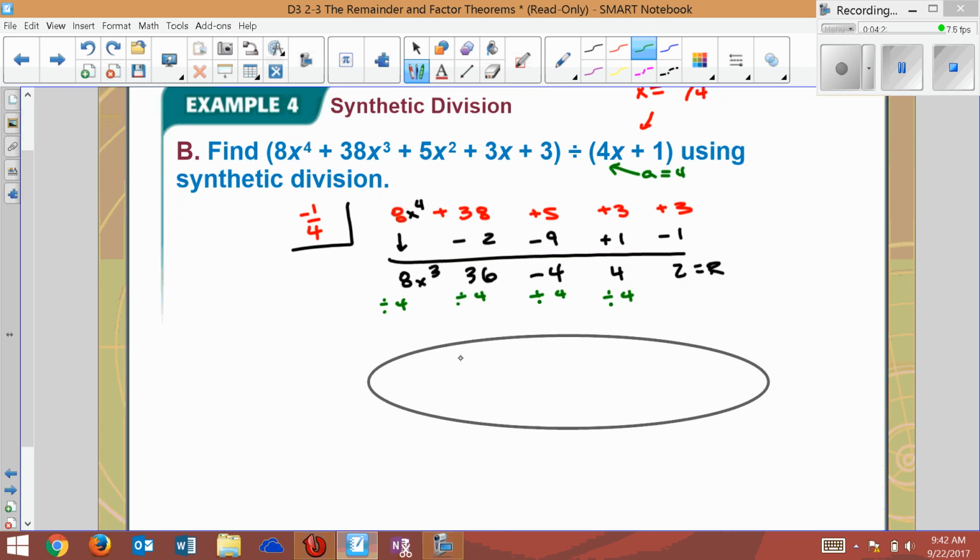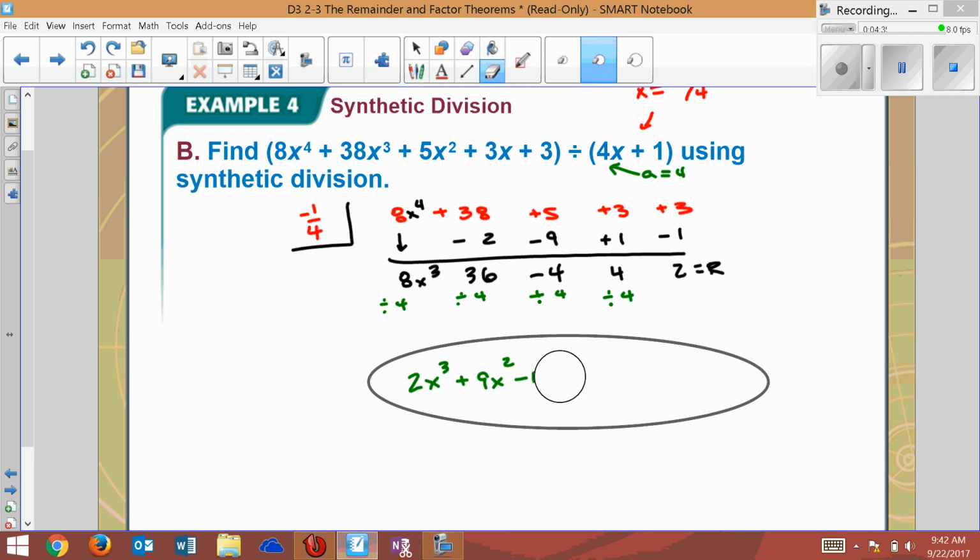That'll stay. So you have 2x cubed plus 9x, I'm sorry, that was a squared. This would be minus 1x, so just minus x plus 1, plus 2 divided by 4x plus 1.